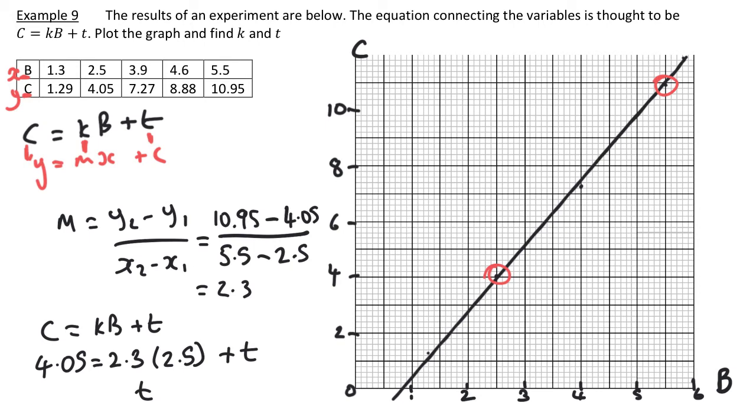If we expand the bracket, so multiply 2.3 and 2.5 and take it to the other side, we get that t is equal to 4.05 minus 5.75. So 2.3 times 2.5 is 5.75. Take it over. We have to subtract it from 4.05, which gives us an answer of minus 1.7.